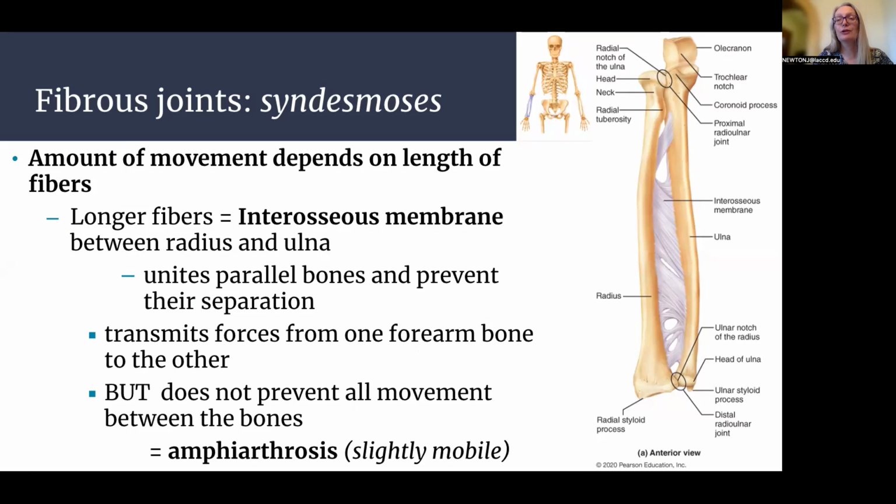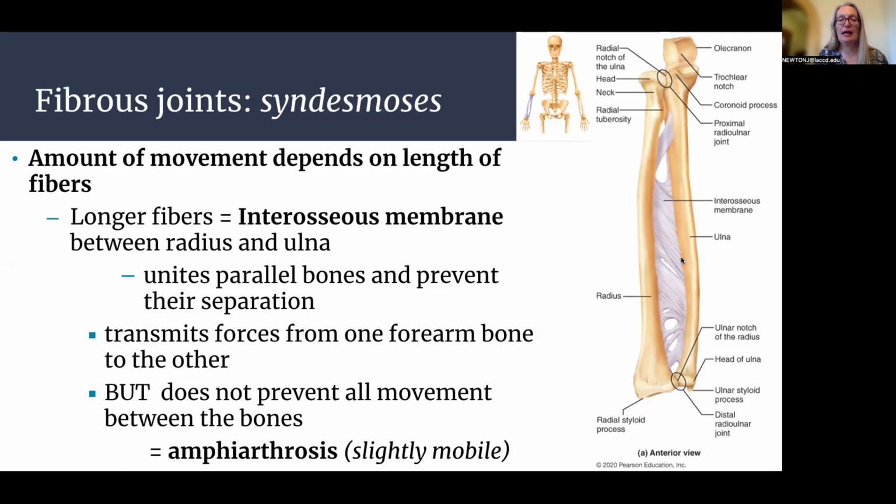Okay, so if we have longer fibers, which we have in this case, here we're now looking at the forearm, so between the elbow and the wrist. And we can see the radius and the ulna here. Now, the syndesmosis we are looking at is this structure here, which is called the interosseous membrane. So inter, between, osseous, bone, so a between-bone membrane.